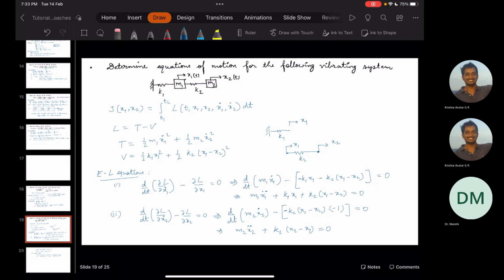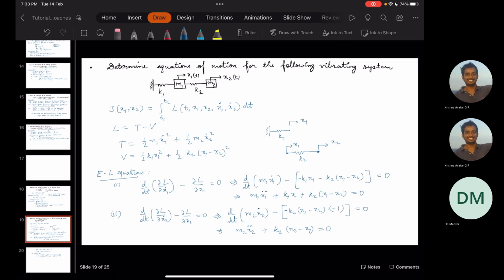Fine. So this implies that ∂L/∂ẋ1 is d by dt of m1 ẋ1, minus, and ∂L/∂x1 is minus k1 x1 minus k2 (x1 minus x2), is equal to 0.